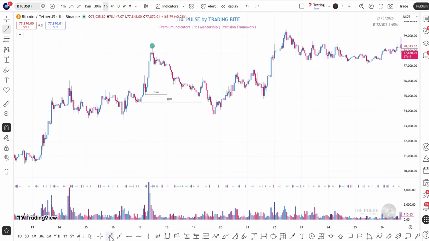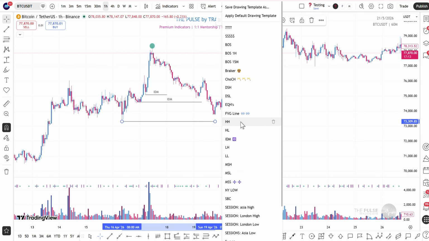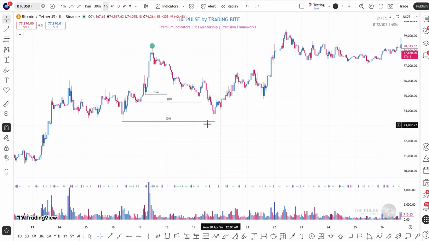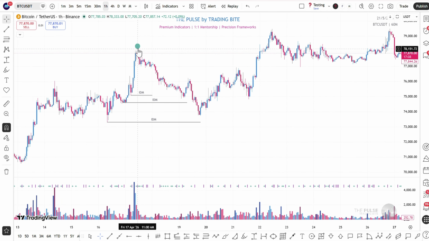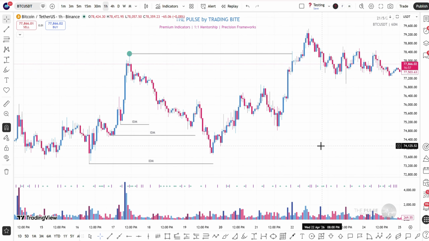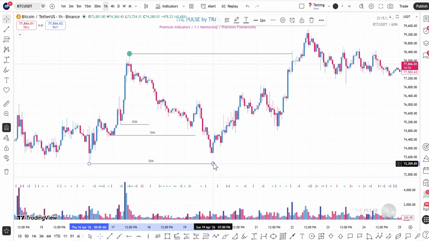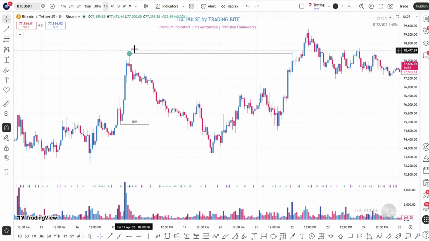We mark only the recent one, but if price goes that way, then whatever comes on the next side. So this is our highest point, and this is our inducement, or you can call it liquidity.